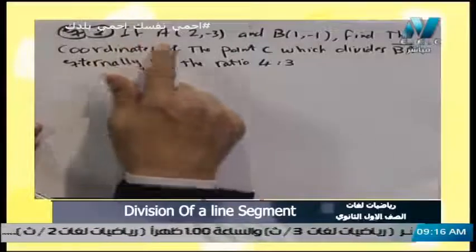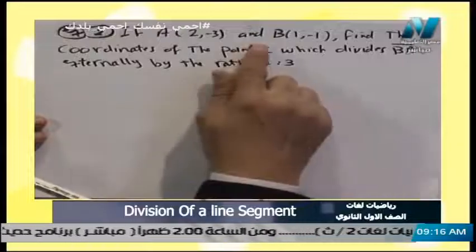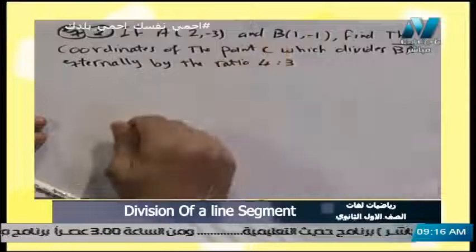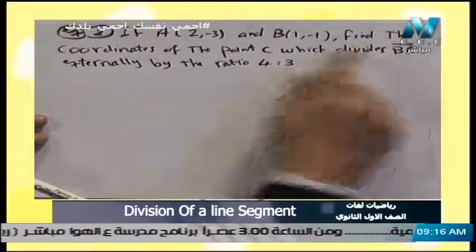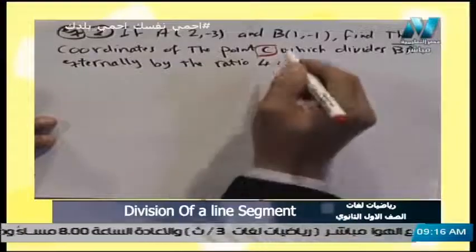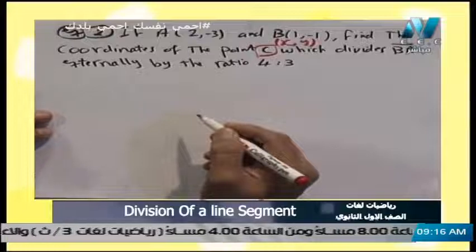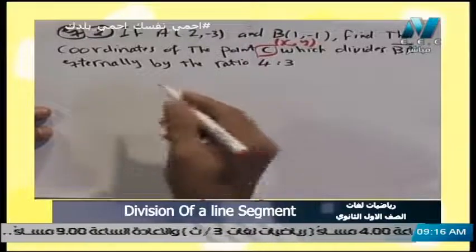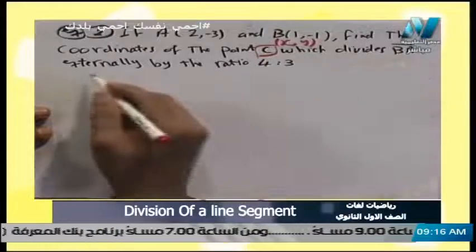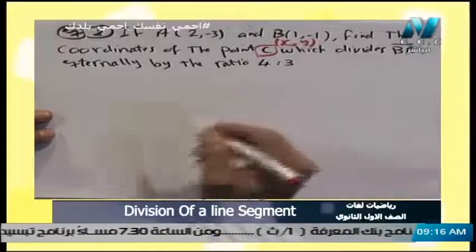If A is (2, -3) and B is (1, -1), we have 2 points of line segment AB. Find the coordinates of the point C. We can put it as (x, y), the unknown point which divides BA externally by the ratio 4 to 3.